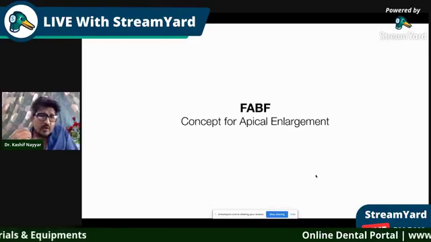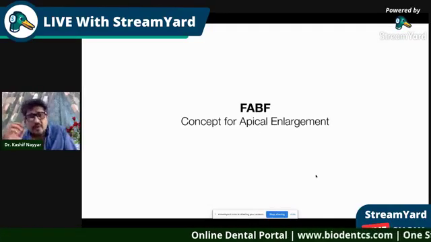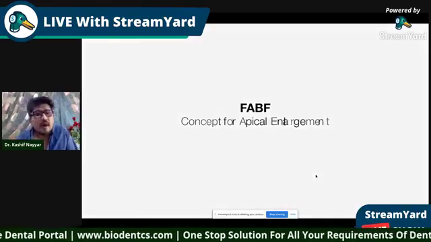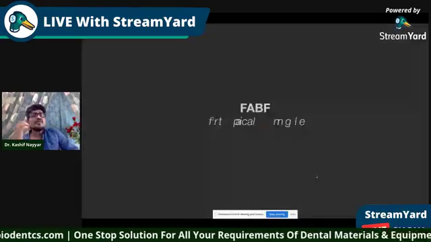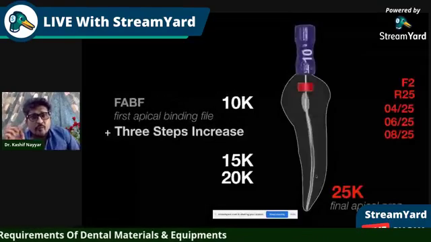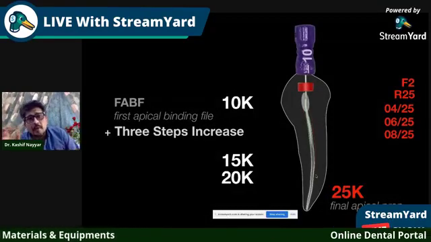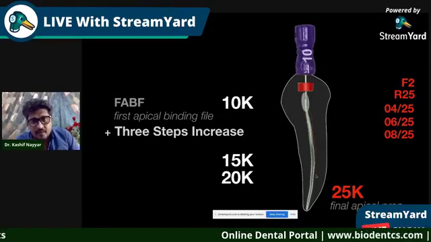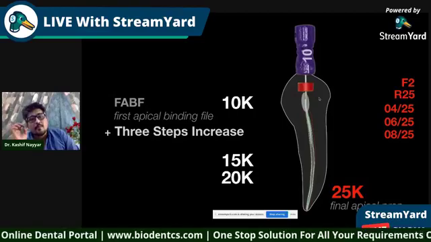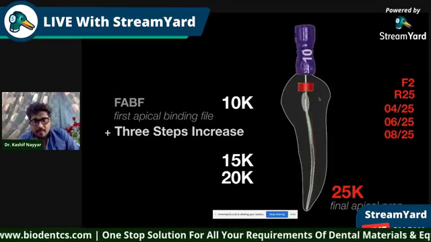So I'm going to give you the concept of the apical enlargement with the help of determining the first apical binding file. And what is the first apical binding file? It is simple. The file which binds all the way to the apex passively is your first apical binding file. Let's say you had a number 10 K file bound all the way to the apex.